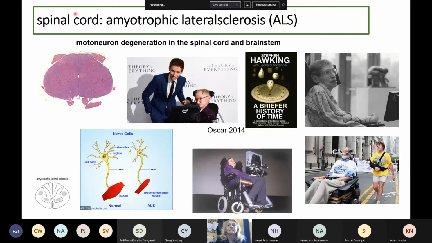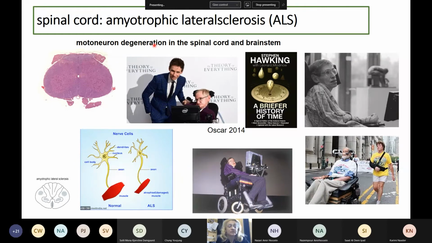Still staying at the spinal cord, here in the motor neuron part, you can mention ALS, which is usually a very sad disease because patients usually die within a few years after diagnosis. The amyotrophic lateral sclerosis, which means it is a motor neuron degeneration.